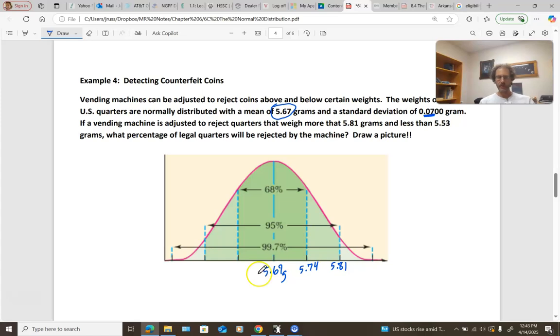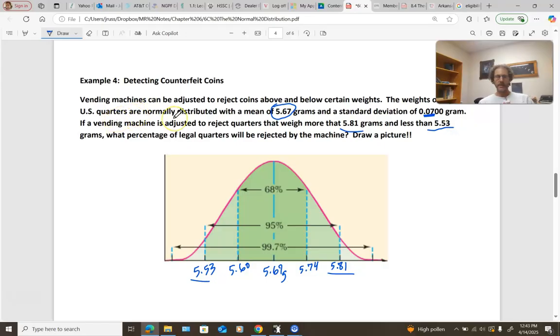Now let's do the other side, except on the other side we'll be subtracting the standard deviation. If I subtract the standard deviation from 5.67, that'll take this down to 5.60. And if I subtract again, that'll take this down to 5.53 grams. And notice this number and this number are familiar.